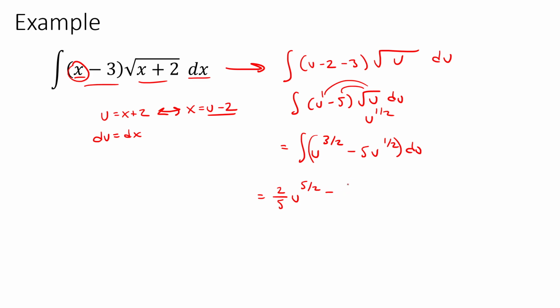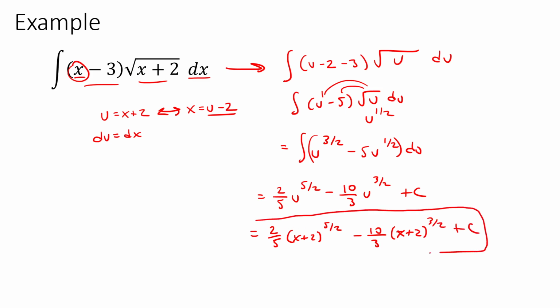And this will become, let's see, 10 over 3 u to the 3/2. And then fill in your x as always. And that's your answer. Although you could check this by taking a derivative to see if you got back where you started, I wouldn't do that. That's going to be a lot of work, but you could.